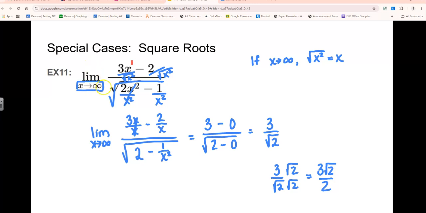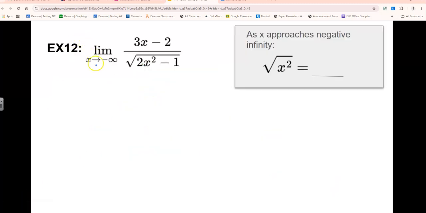Okay? So it's kind of divide coefficients here, a little. But the reason that I can't just tell you to treat that square root of x squared as the divide coefficients is because if x approaches negative infinity, things change.